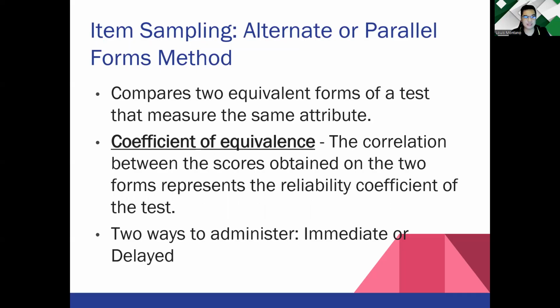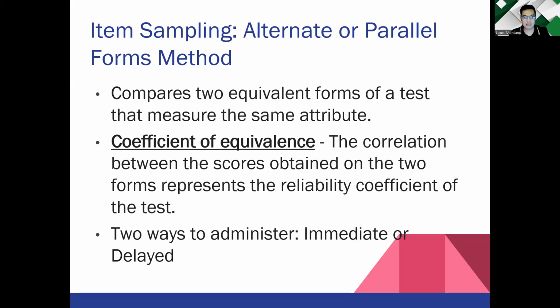Pwedeng ganon. Okay? Basta dapat may similarity in the idea. O kunyari si teacher gagawa ng set A at set B. No? Tapos magkaiba yung tanong sa A at sa B. The important thing here is that dapat equivalent sila. Regardless which form you will take, the set A or the set B, dapat same pa rin yung magiging outcome niya. Same pa rin yung magiging score mo. Okay?